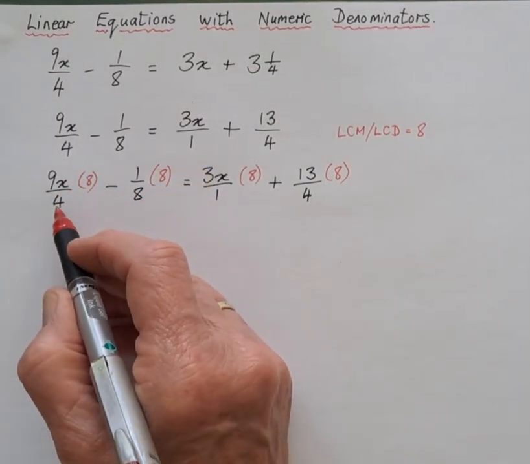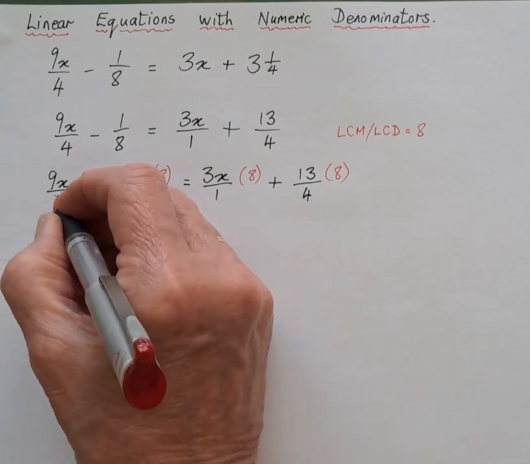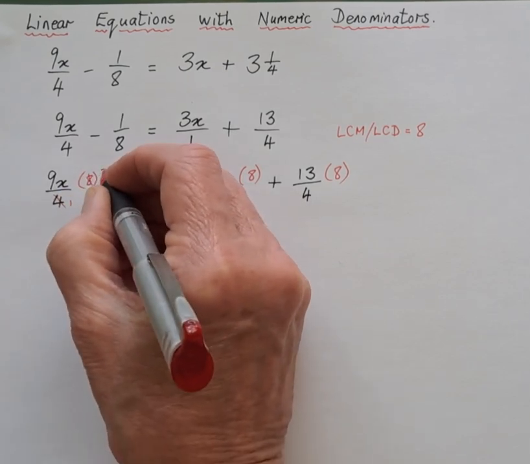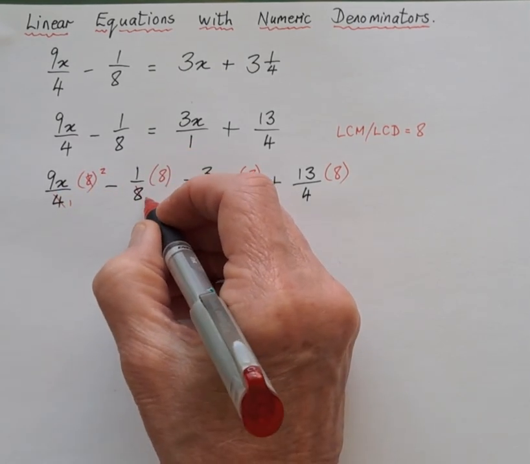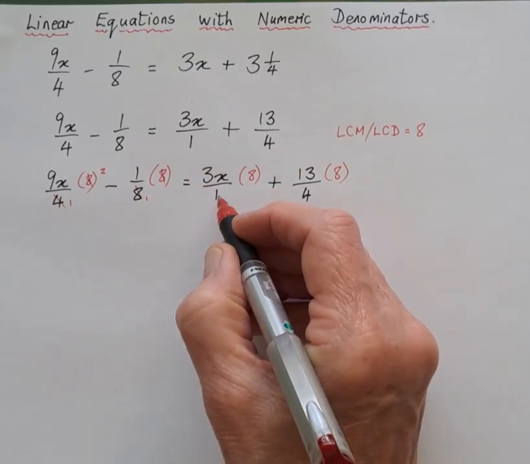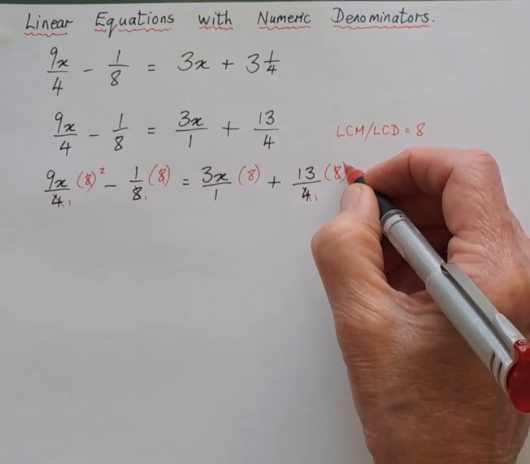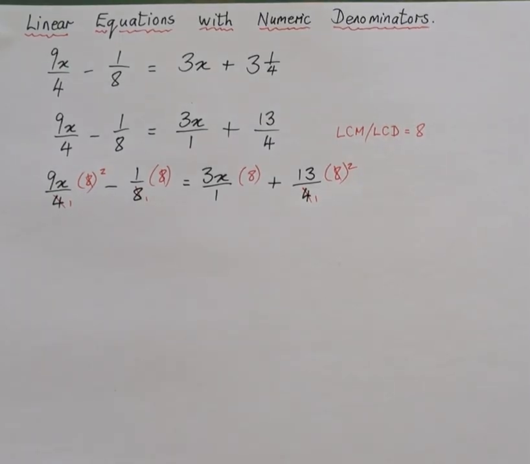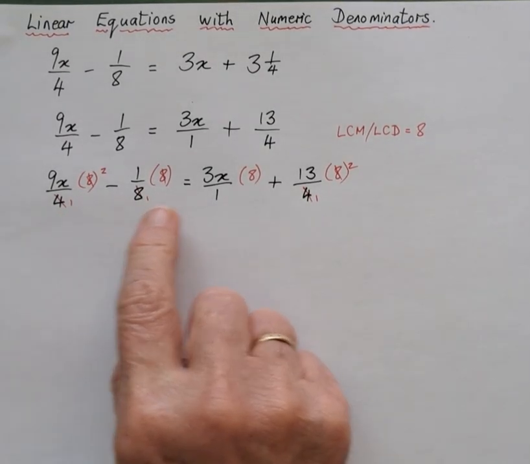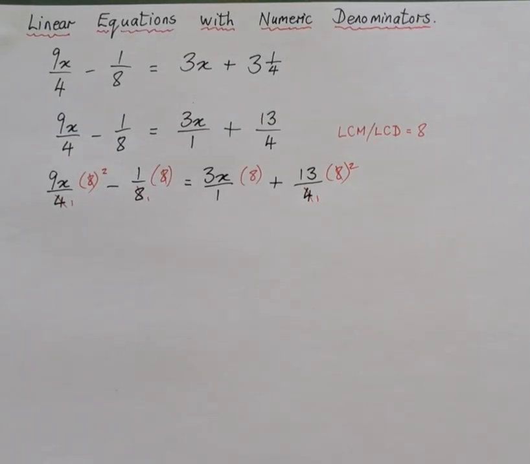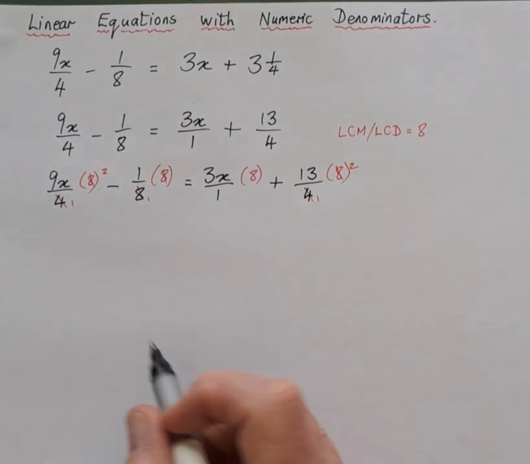So having set that up, this denominator 4 can divide. These two have a common factor of 4, so 4 goes into itself once, 4 goes into 8 twice. 8 divides into 8. Nothing can divide there. 4 goes into itself once, 4 goes into 8 twice. So now all of the denominators are 1, and remember, when a denominator is 1, you don't need to write it down anymore.